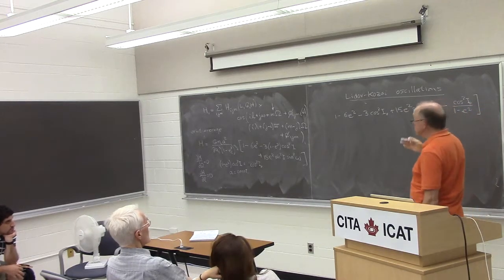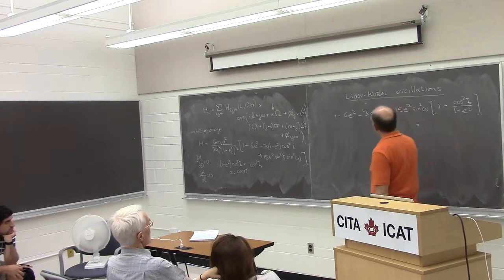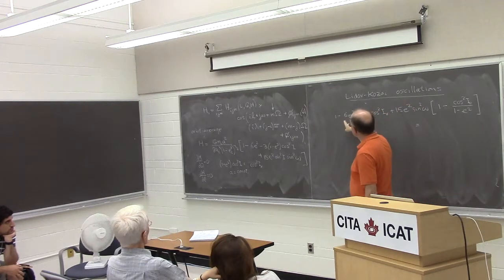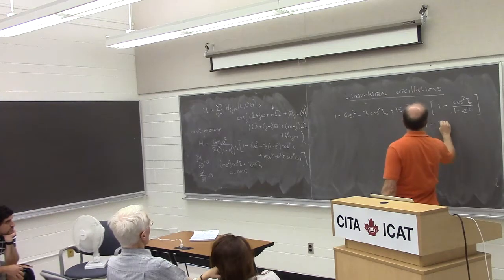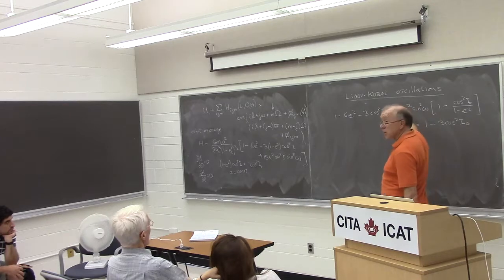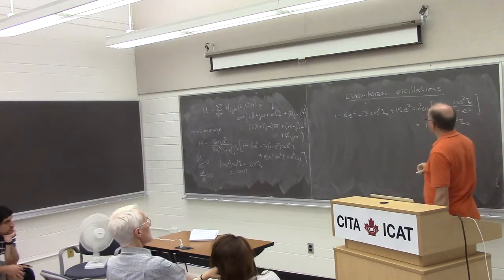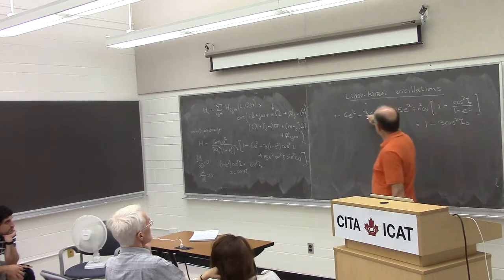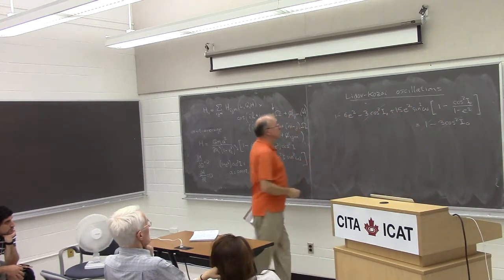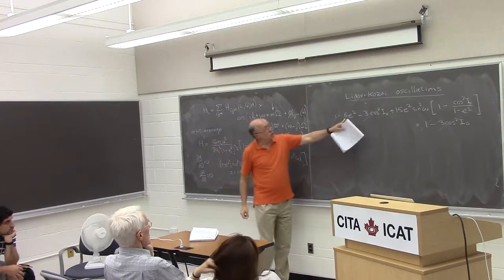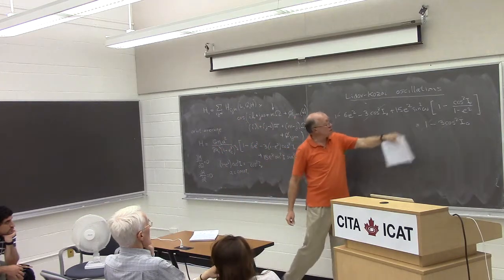That has to be a constant, so it has to be equal to the initial value. Initially, the eccentricity was 0, so you have a 1. You have −3 cos² I0. Initial eccentricity is 0, so this term goes away. So that cancels that. This cancels this. You're left with two terms. Both are proportional to e².